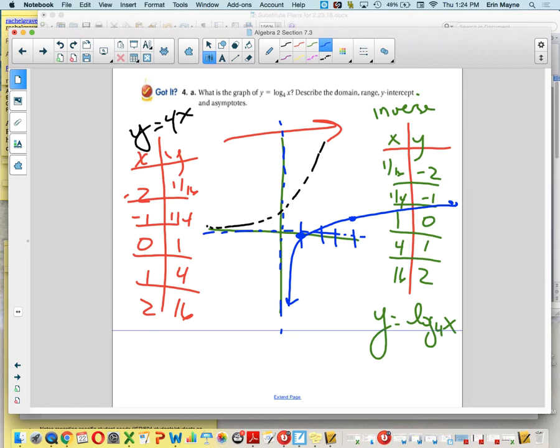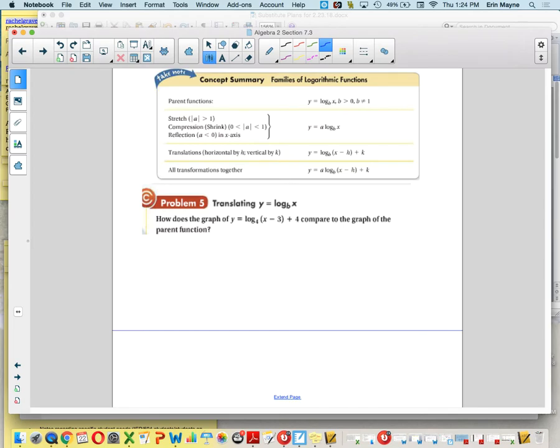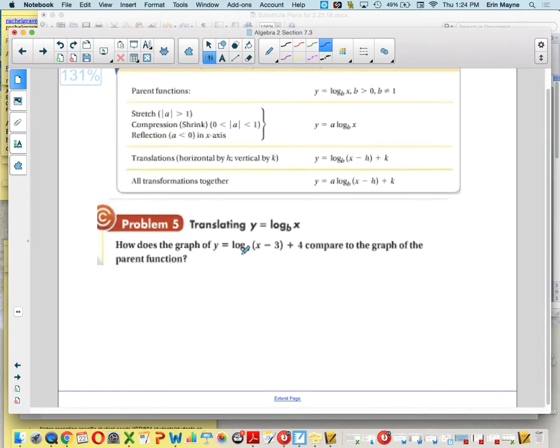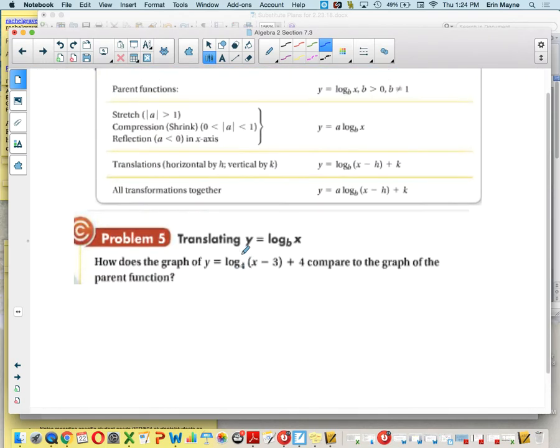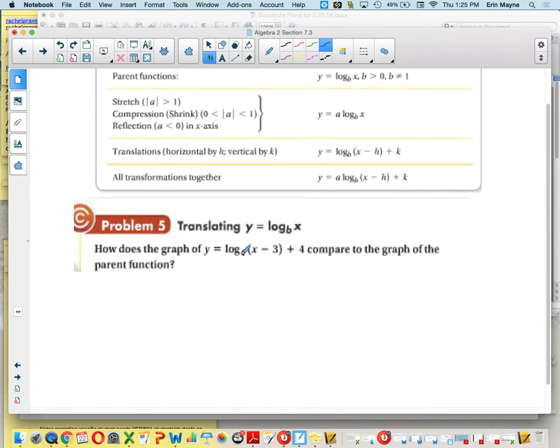We are going to now take this idea and begin shifting and stretching. So, look, this is the graph we just did, right? We just took, in the above graph, log base 4 of x. And we're going to now shift it.